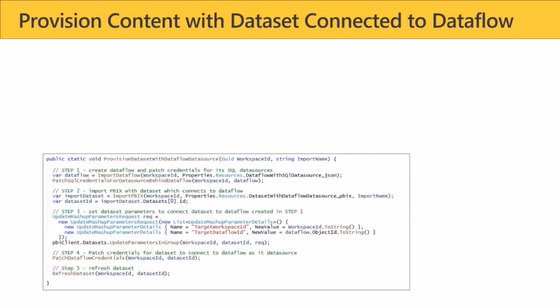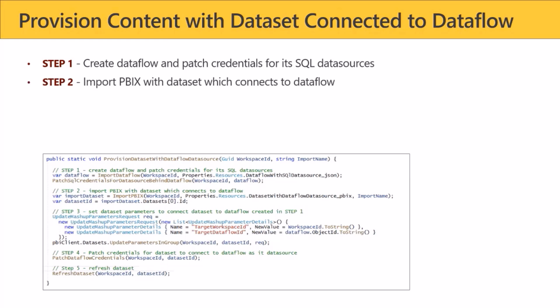So once again, once you kind of see that big picture, it gets to be easier to figure out how things work. Now, when we provision content with the data flow, this is kind of a tricky provisioning step. So step one is what we've seen. You want to basically create the data flow and patch credentials so you can refresh the data in the data flow. Well, the next step is we need to layer a Power BI data set on top of it.